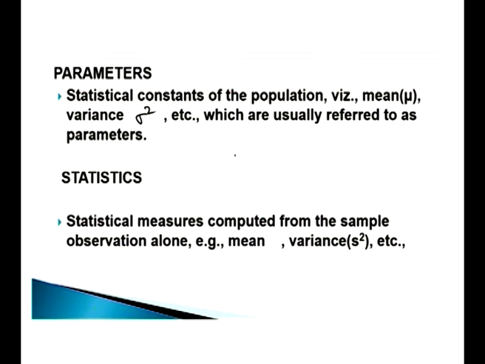Statistics are the statistical measures computed from the sample observations alone, for example mean x bar and variance s square. Just look at the notations. Mu stands for the population mean and x bar stands for the sample mean, and similarly the variance sigma square is for the population and variance s square is for the sample.